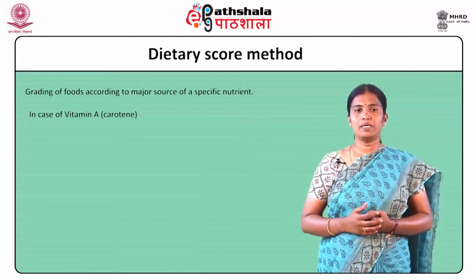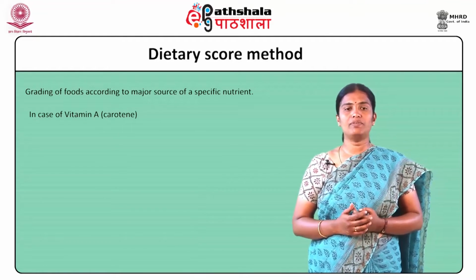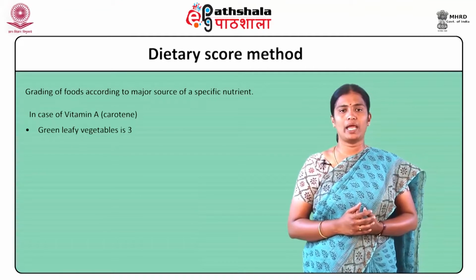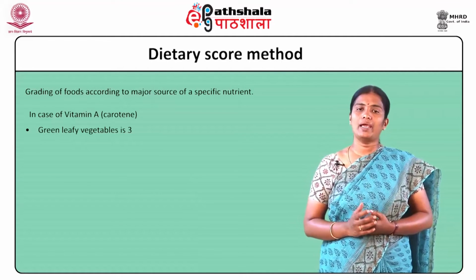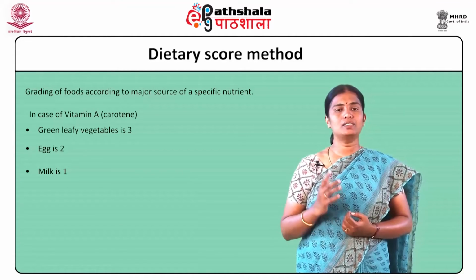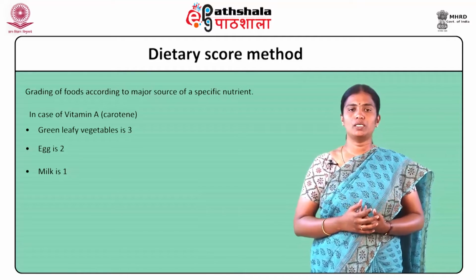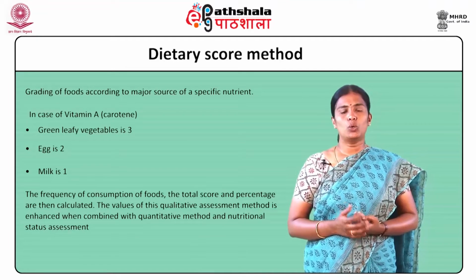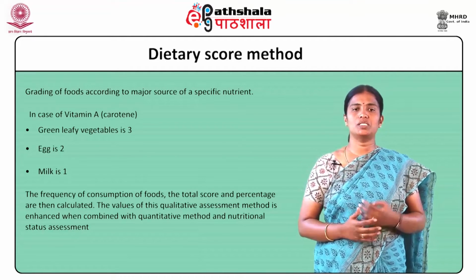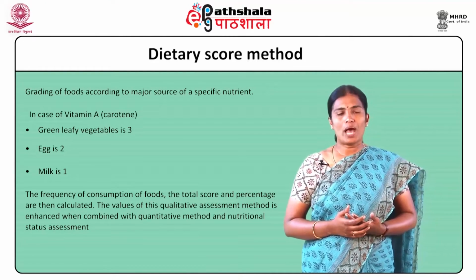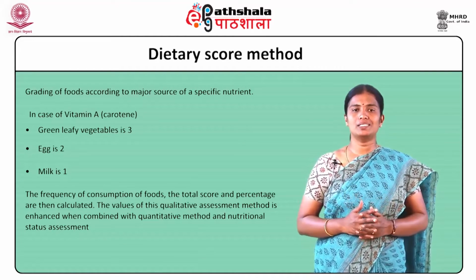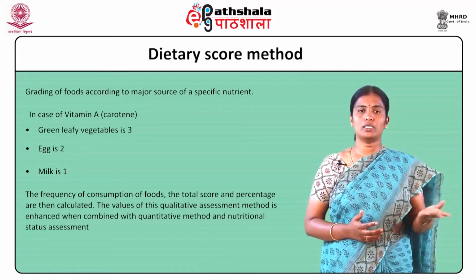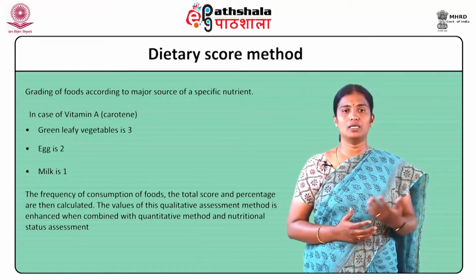In case of vitamin A, the code for green leafy vegetables, which are excellent sources of vitamin A, is 3, egg is 2, and milk is 1, depending upon the nutrient content. The frequency of consumption of foods, the total score, and percentages are then calculated. The value of this qualitative assessment method is enhanced when combined with the quantitative methods that we have studied earlier for the nutritional assessment.